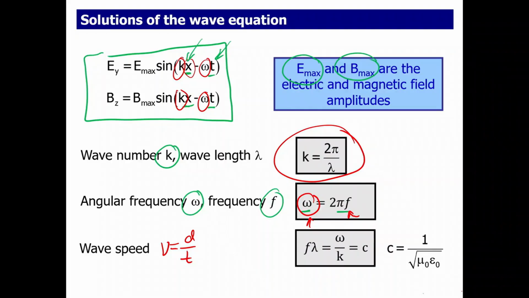Now, if you think about it, the distance that a wave travels in one period is the wavelength. So the distance would be a wavelength, and our time would be a period. So since our period is 1 over frequency, our wave speed is wavelength times frequency.